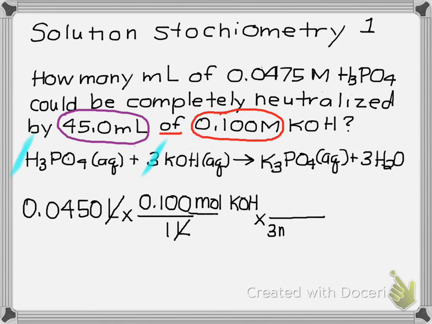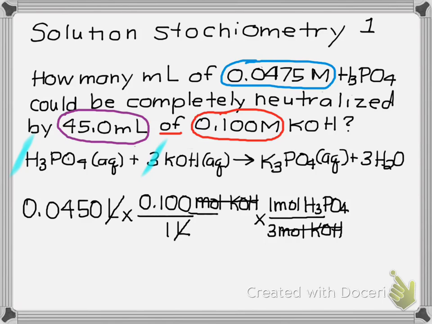I'm going to put the 3 moles of KOH in the denominator, again, so it will cancel, and the 1 mole of phosphoric acid in the numerator. Again, I'm driven by this series of conversions, so moles of KOH cancels. Once we have moles of the phosphoric acid, then we can use the concentration of the phosphoric acid to connect it back to volume. We want milliliters.